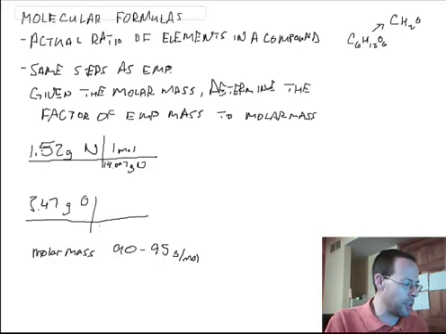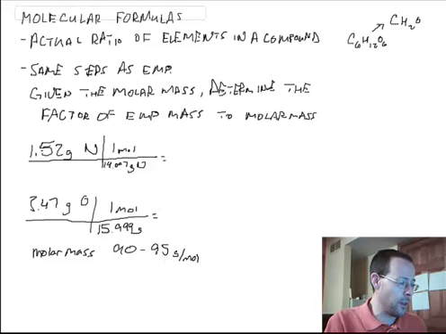On the bottom, oxygen is 15.999 grams per mole. So when we do this math, for nitrogen, we're going to get 0.108 moles. And for oxygen, we're going to get 0.217 moles.